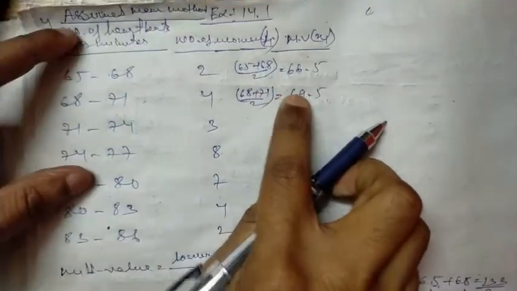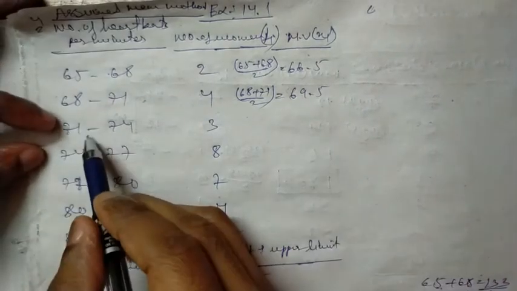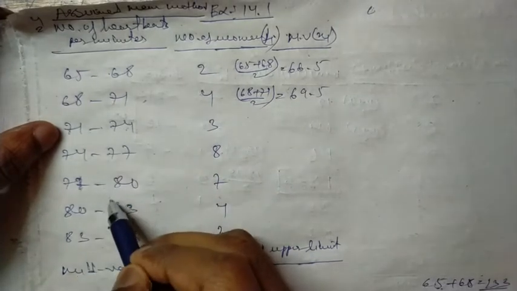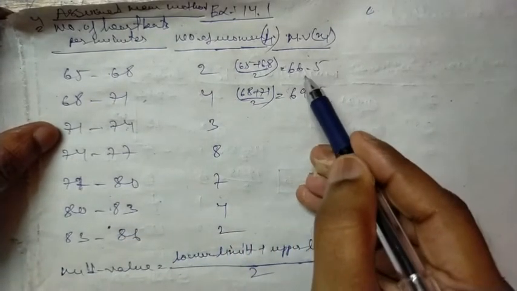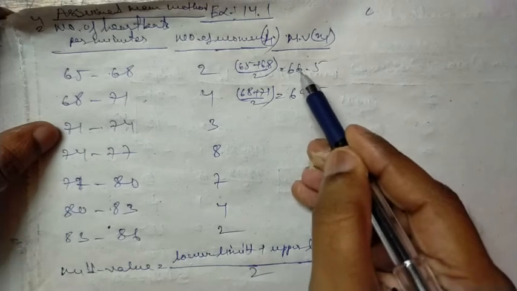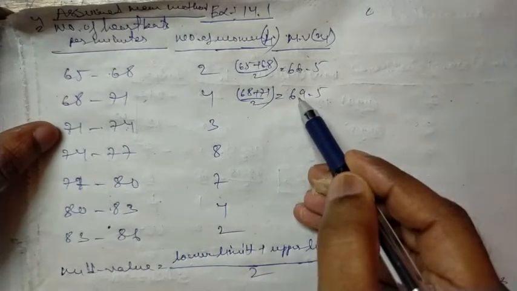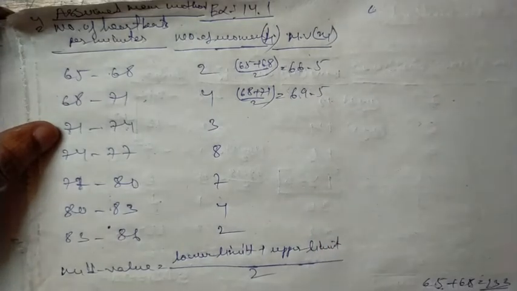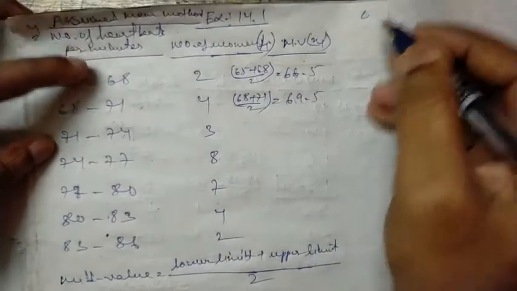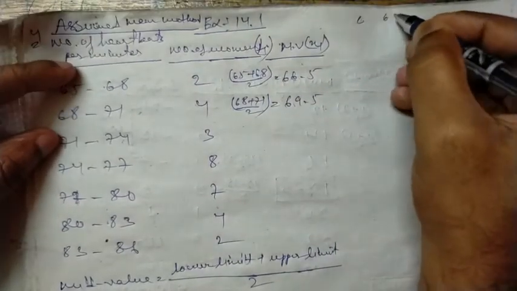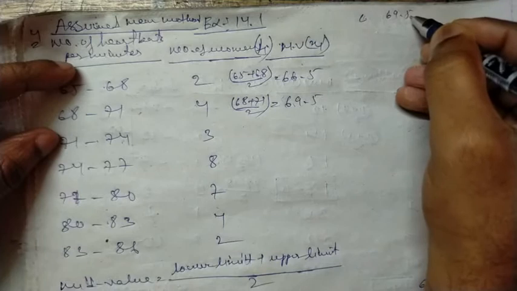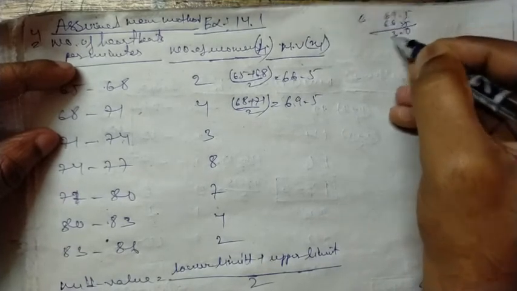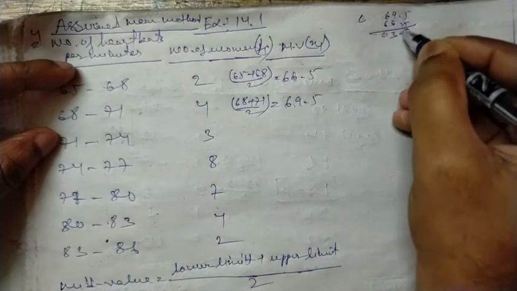You see, it's very tedious to calculate each and every mid value. It will be a waste of time again and again. So what is the difference you got over here, between 66.5 and 69.5? If you subtract, you get 3, it means the gap is 3.